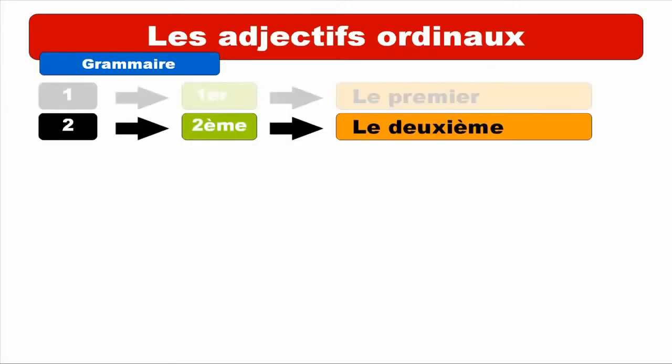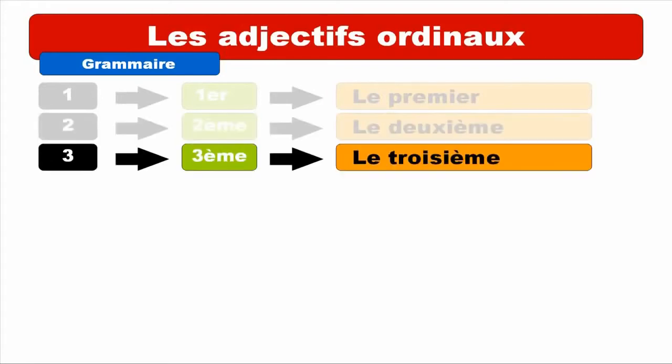Le deuxième, repeat. Le deuxième. Okay, so you can see that I'm pronouncing the word written in the orange box. What you see in the green box is the way you can write it if you don't want to write the whole thing, okay? Le troisième.